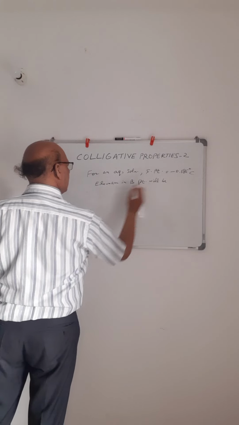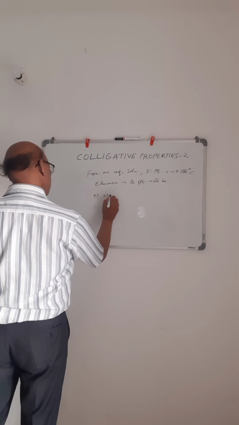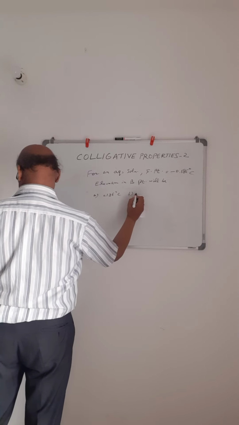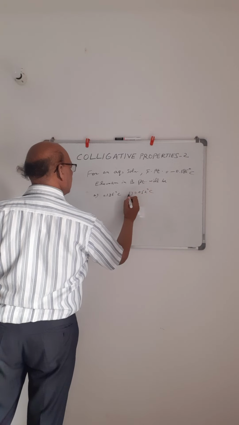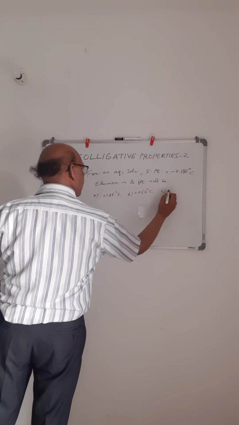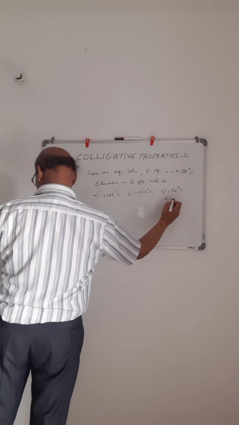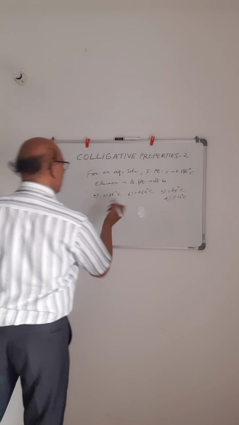Options are 0.186 degree Celsius, then 0.052 degree Celsius, then 1.86, and the next option is 5.12 degree Celsius.